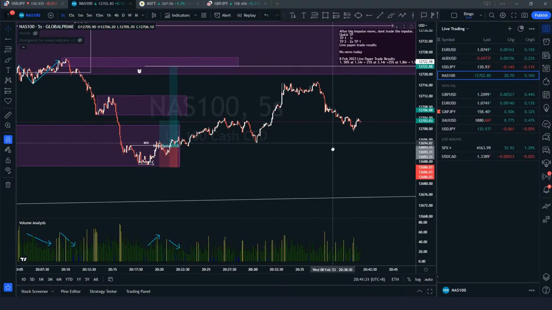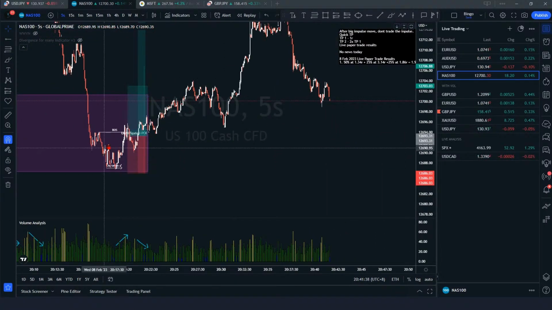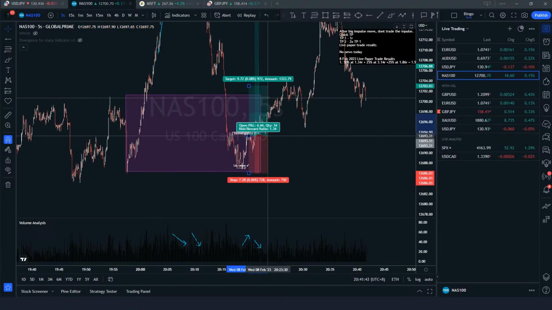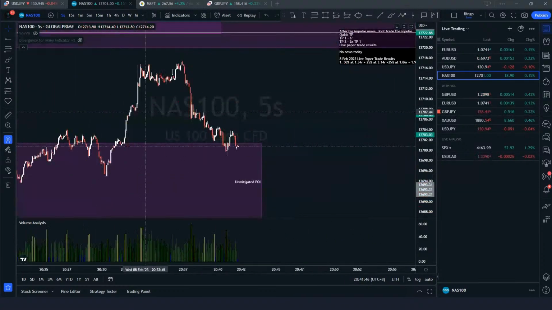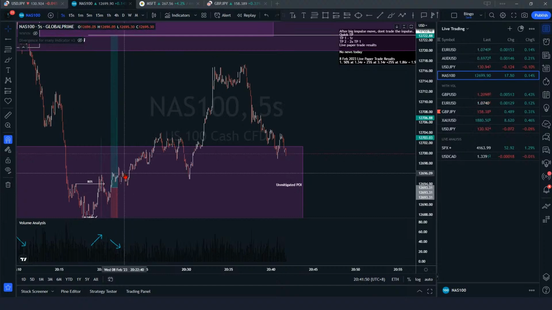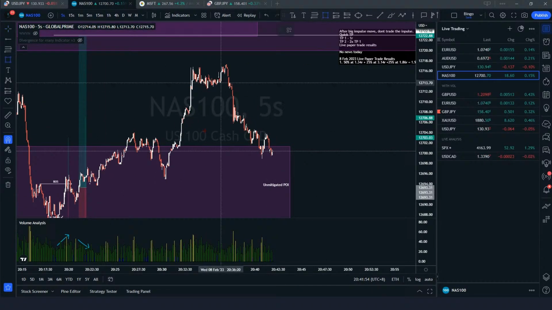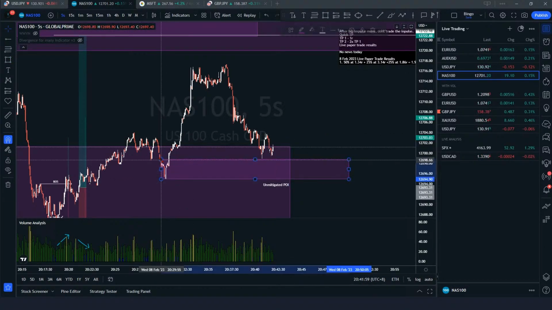Let's delete all these unwanted areas. So price bounced off this higher time frame order block, right? And we tested this refined order block and produced this up move.